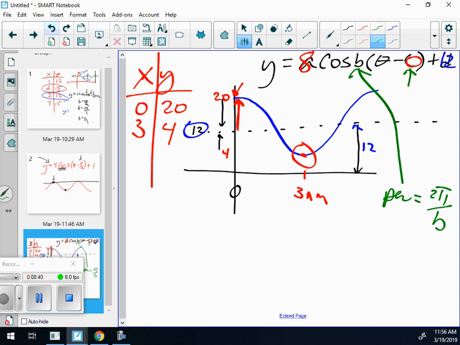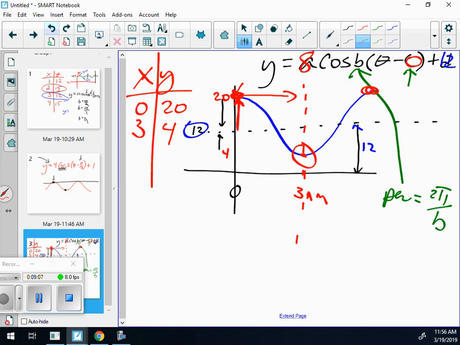Would you agree that if I knew from here to here and how long that was, then I would know the period? That's the point. That's what the period is. Well, I don't know that whole thing, but I do know that from here to here took how long? 3 hours, and therefore how long would the period be? 6.